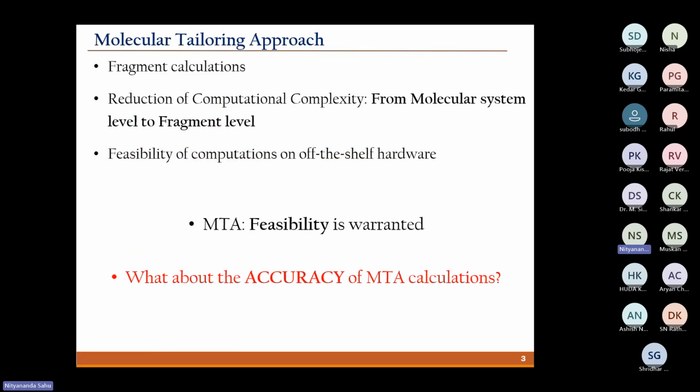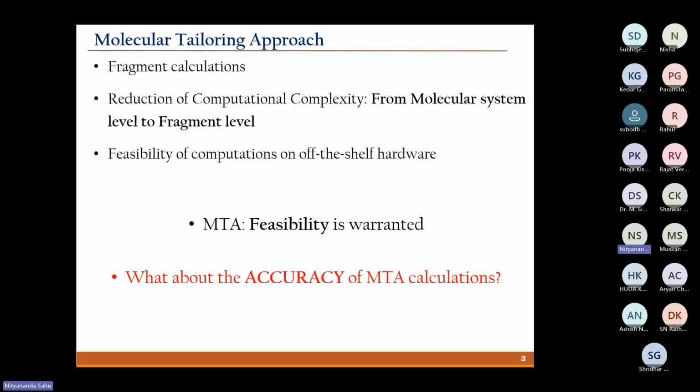So what is MTA? Again, I'm repeating things. Calculations are on fragments. Due to the fragment based calculations, the computational complexity is reduced from the molecular system level to the fragment level. That is why we can do large system calculations using small hardware.